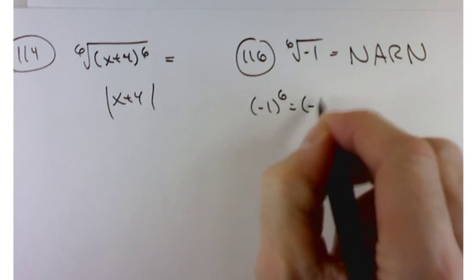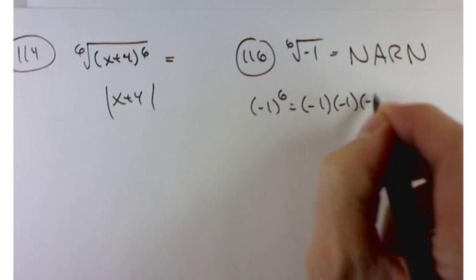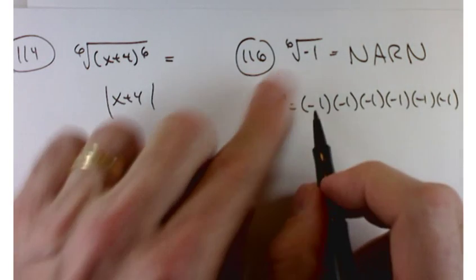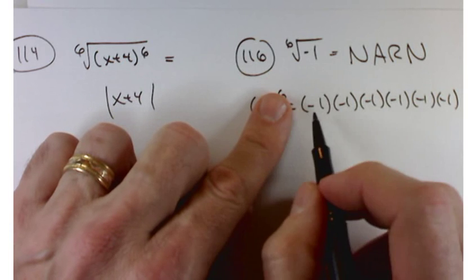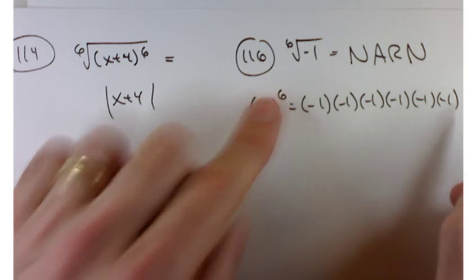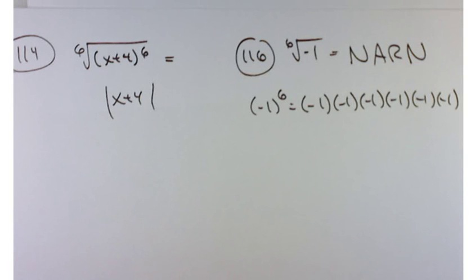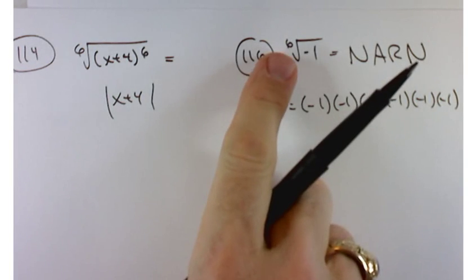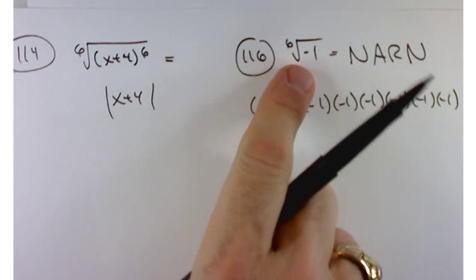Negative 1 to the 6th is negative 1 times negative 1, a total of 6 times. But when I multiply that out an even number of times, what's going to happen to the negative sign? Yeah, it becomes positive. It cancels out. So when you raise a negative number to an even power, you're going to get a positive number. You can't get a negative number, so you can't do an even root of a negative number.